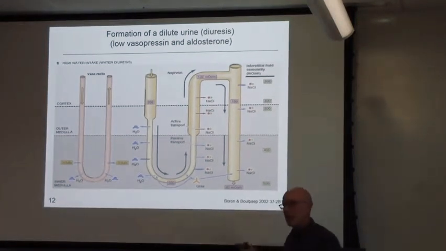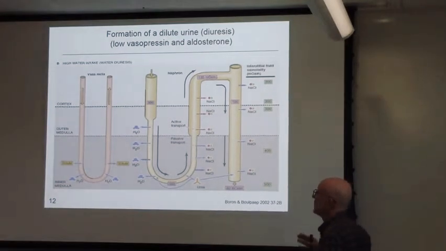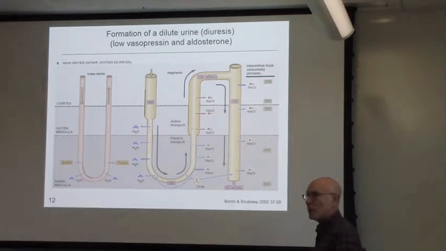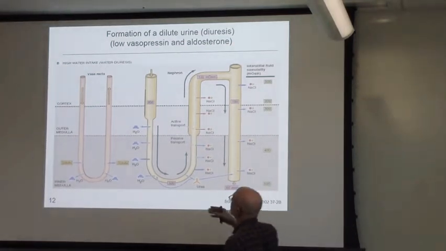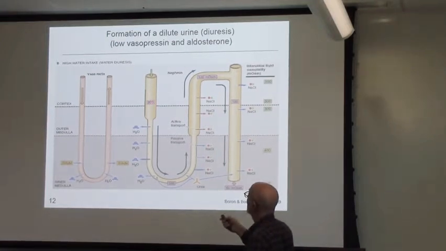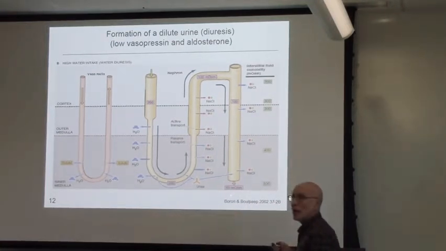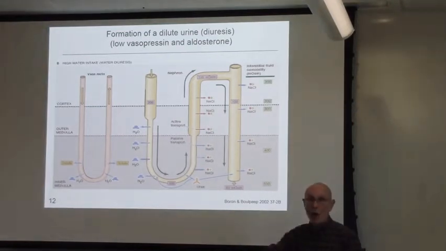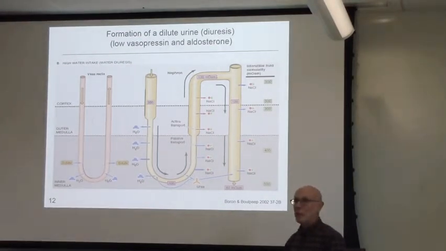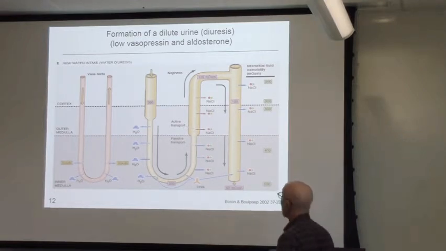Okay, so let's use this slide. Let's go forward in time, and let's use this slide just to remind you of what's going on, sort of big picture. Isotonic coming in, hypotonic going out. We're excreting water. This is someone who has just drunk a liter of water and needs to excrete water. Isotonic going in, hypotonic coming out.